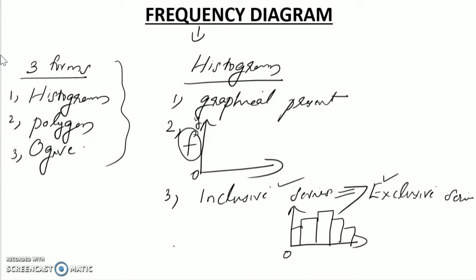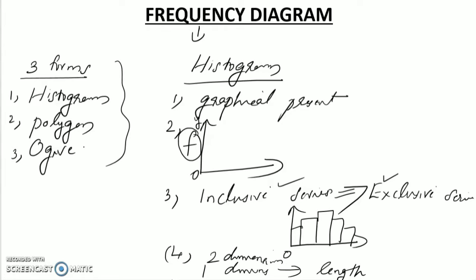And the fourth point is that histogram diagrams are always two-dimensional. What is two-dimensional? We know bar diagrams are one-dimensional. One-dimensional means we consider only the length.